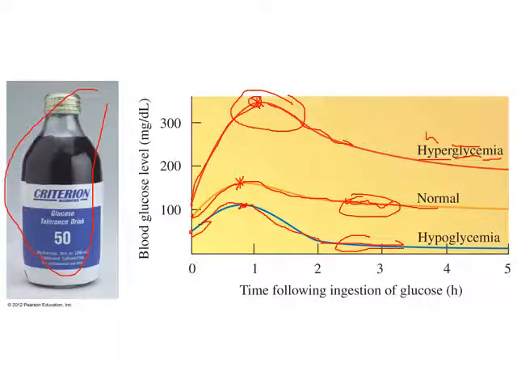If the glucose levels go too low, there's not enough glucose to keep your brain working.